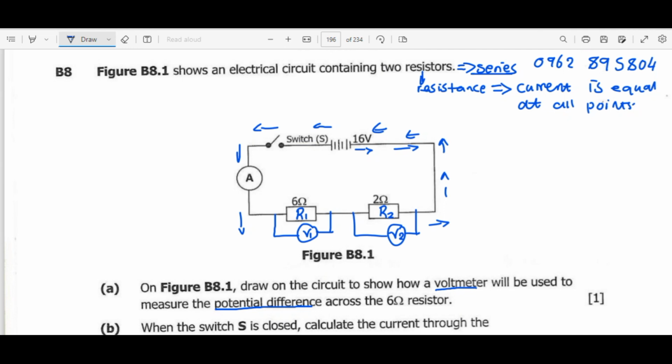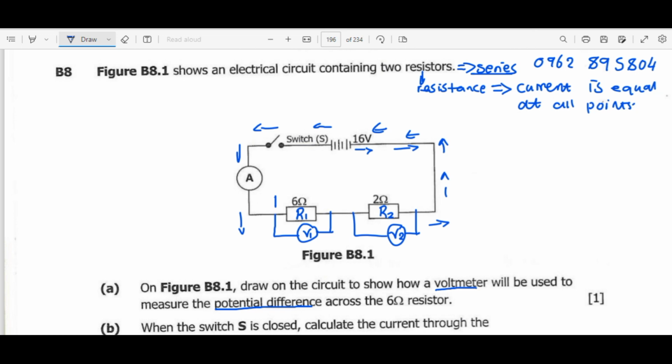Now the question is we just want to draw a voltmeter. Now this voltmeter is just to measure the voltage that is used by the 6 ohms. So since it is specifically for 6 ohms, then our voltmeter must be put on where the 6 ohms is.